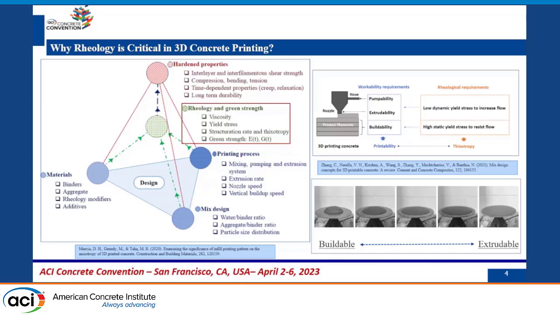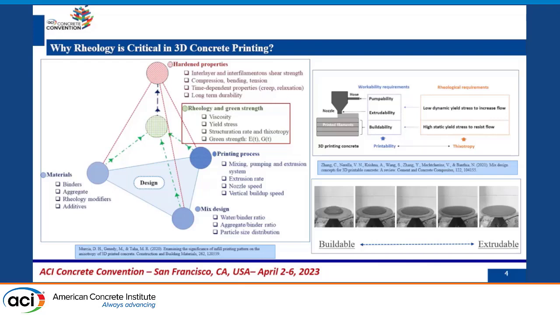So if we further talk about 3D printing requirements in terms of rheology, there are very contradictory requirements at each phase of printing. Starting from pumpability, we need a material that has a low dynamic yield stress, so that it is pumpable easily. Similarly, in the extrusion phase, we need a material that has sufficient dynamic yield stress and plastic viscosity, so it doesn't block the nozzle.